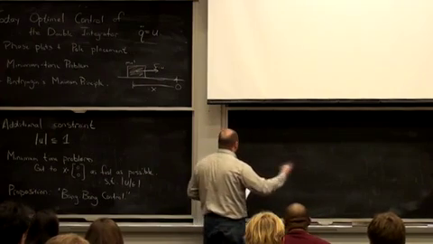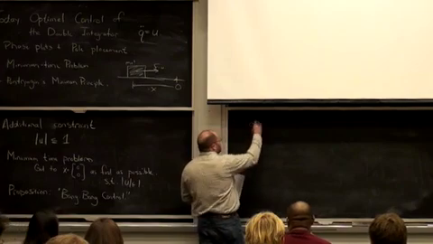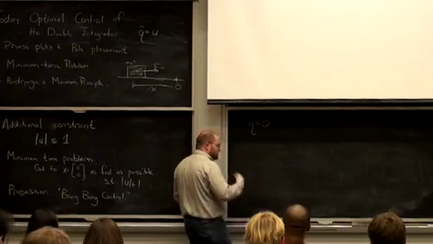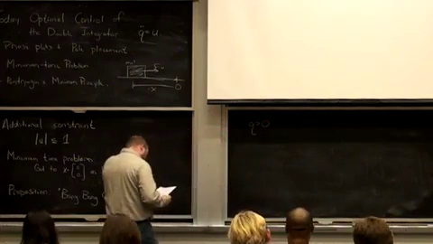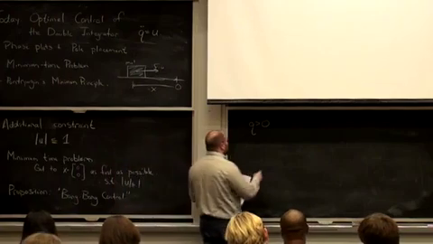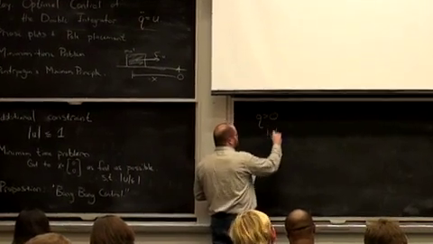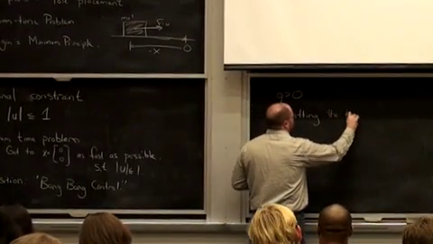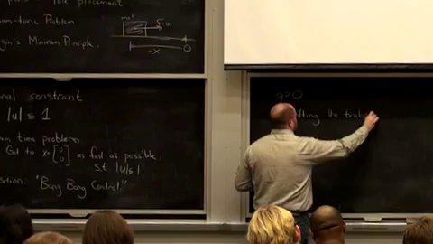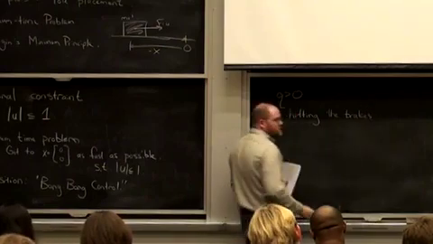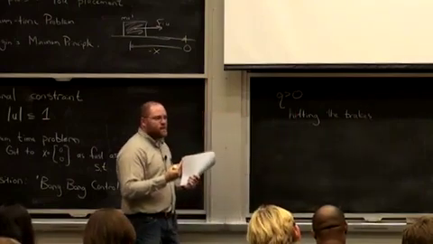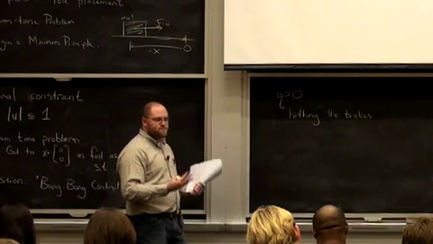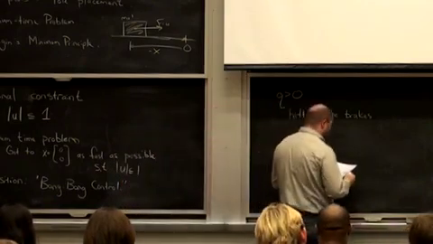Let's think about the case where Q is greater than 0 first, just pick a side. In that case, hitting the brakes, is that positive 1 or negative 1? Negative 1. No, it's positive 1.